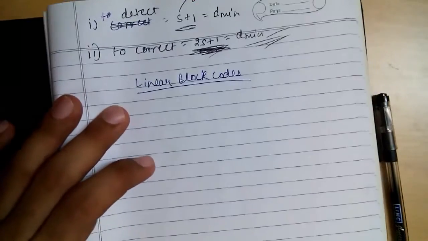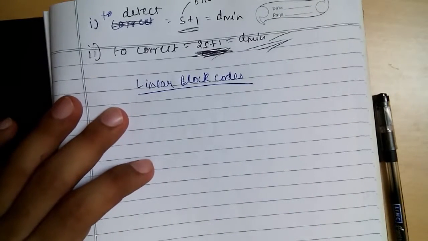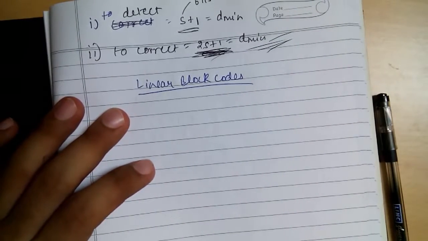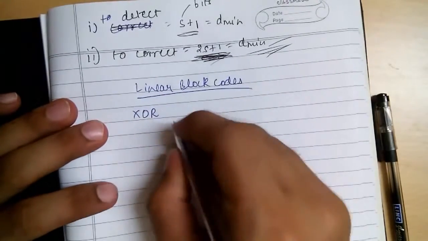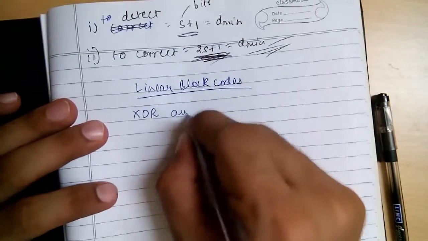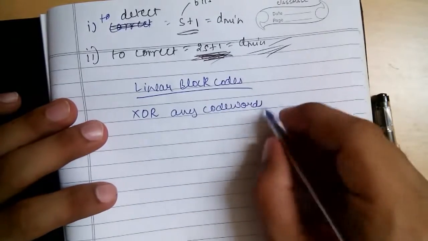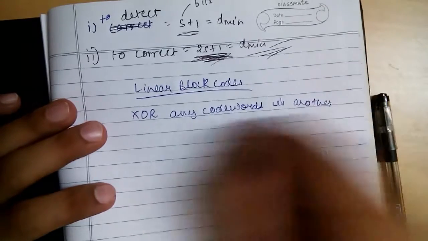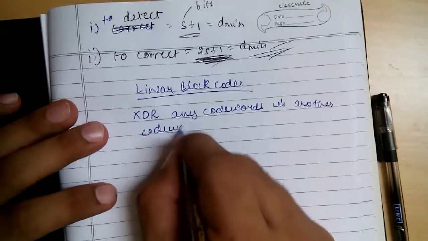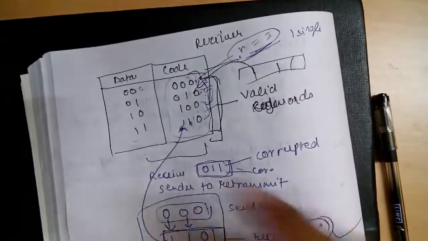How do we know? Well, there is a simple thing we can do to check it. In a linear block code, the XOR of any two code words is another code word. Magical. So let's see.